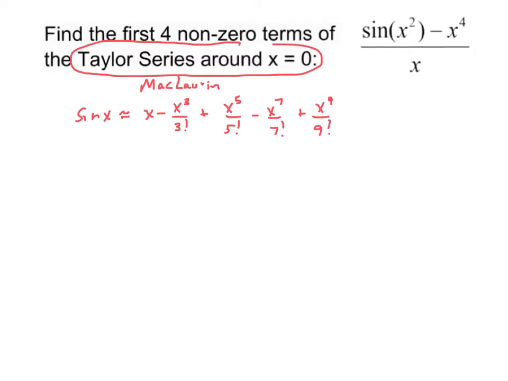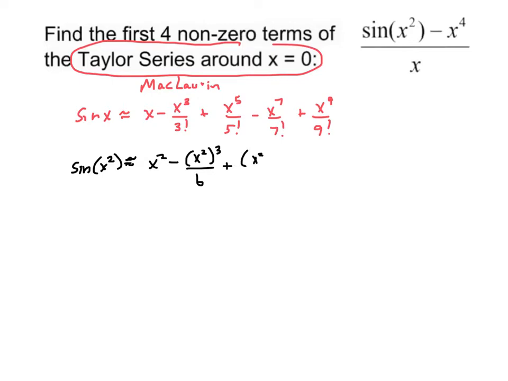So looking at this says we'll do sine of x squared. Well, using what we've done previously where we can substitute in, let's do sine of x squared. I'm going to put the approximate there, so x squared minus x squared cubed. Instead of 3 factorial, I'm going to write 6.